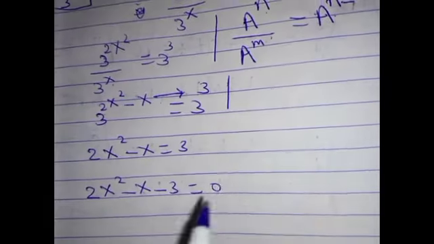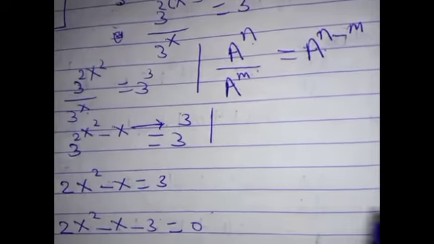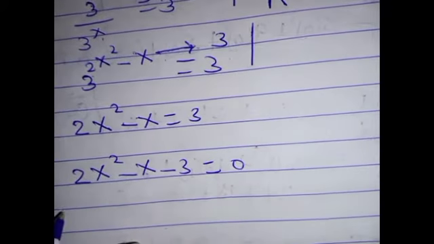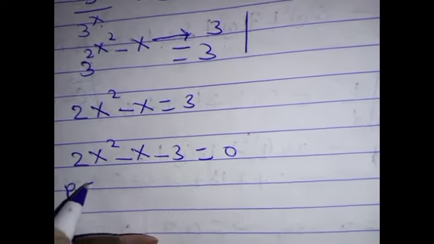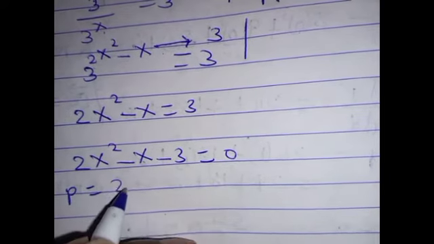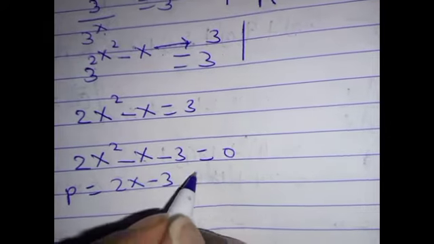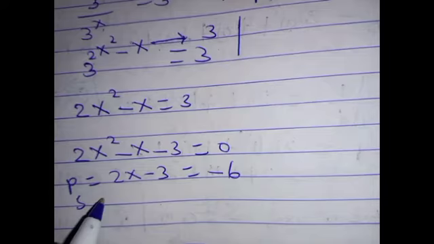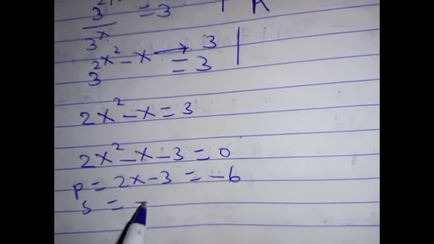Here we have a quadratic equation, whereby the product is 2 times negative 3, which is equal to negative 6. The sum is here negative 1.